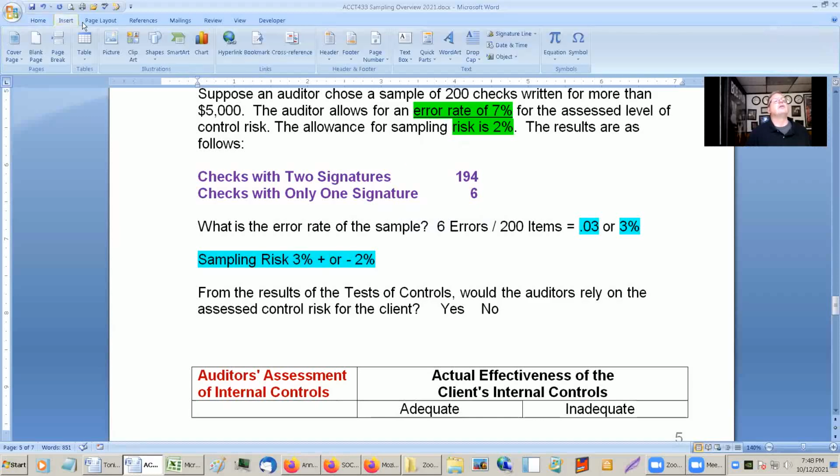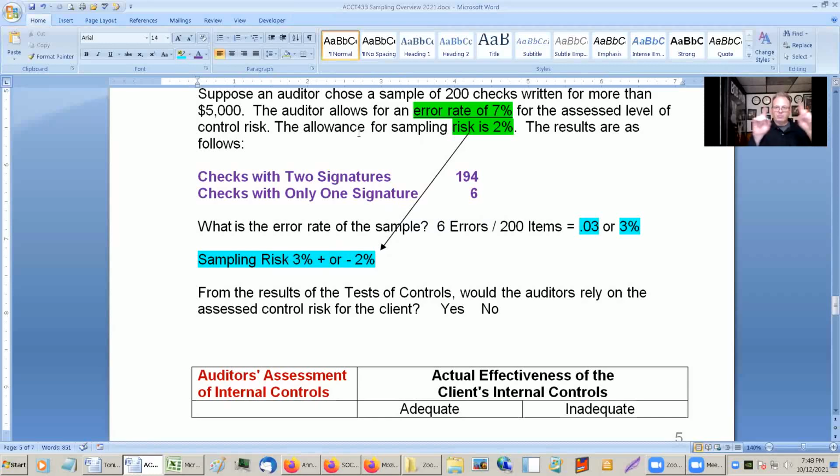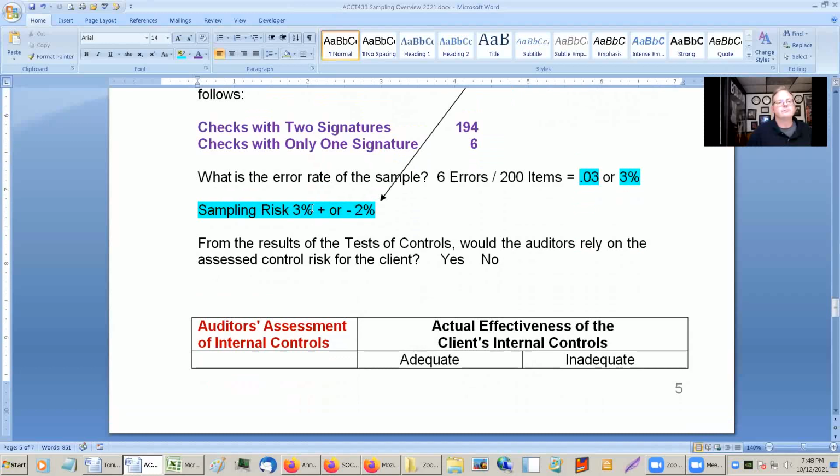This is the 2%, by the way, if you're wondering where I got the 2% from. So they're saying the allowance for sampling risk will be plus or minus 2%. The sampling rate, I should say, is 3%.